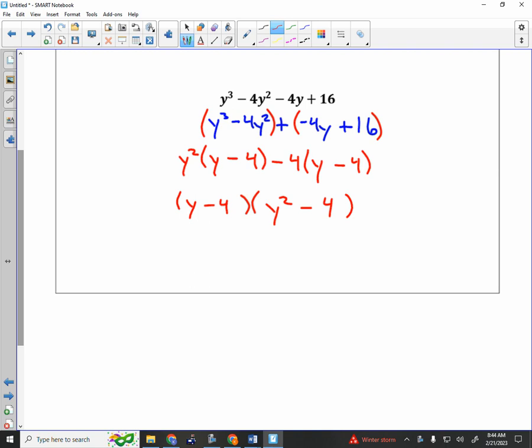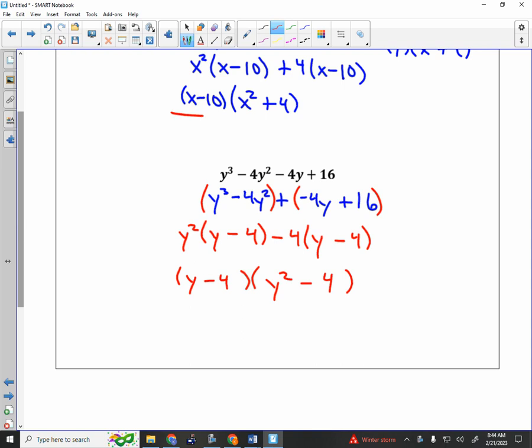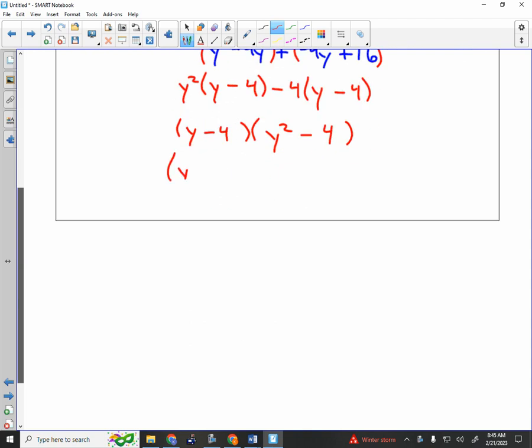Now what you'll have to recognize on the test is that this is completely factored, but this is not completely factored. Y squared minus 4 factors because it's the difference of two squares. So y minus 4 times y plus 2 times y minus 2.